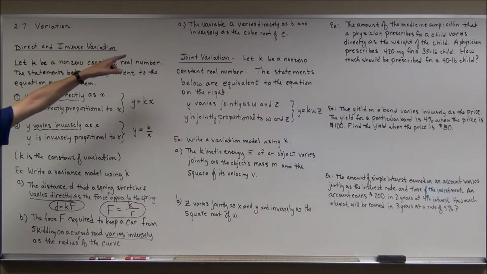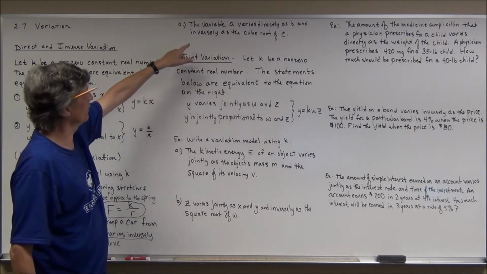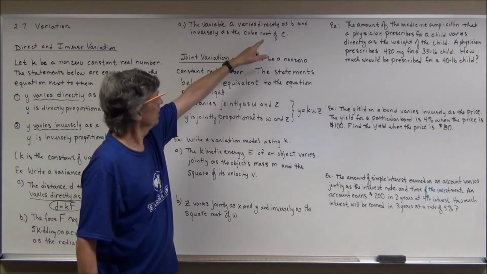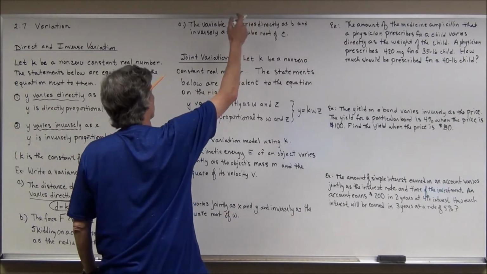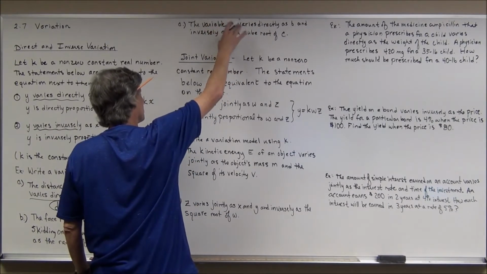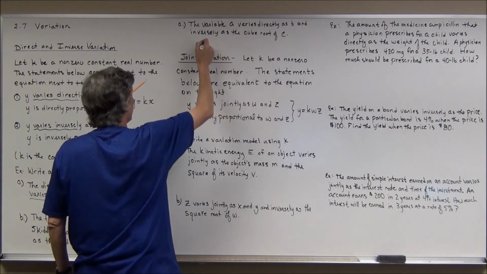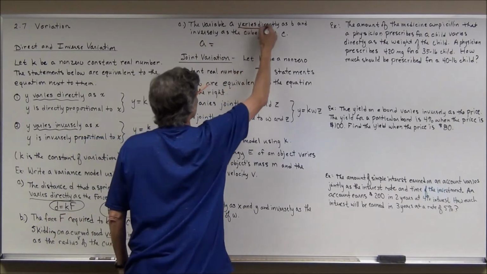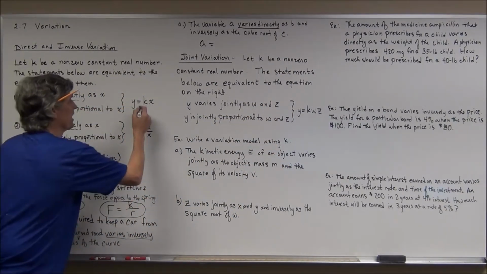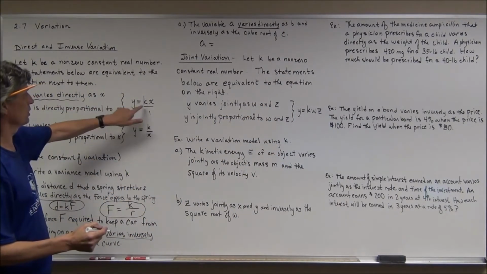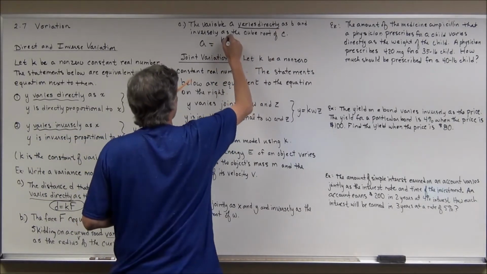Next, the variable a varies directly as b and inversely as the cube root of c. In this case, there's direct variation and there is inverse variation. Some books call this combined variation. So a varies directly as b, which means it's in the numerator, so this would be k, our constant of variation, times b.